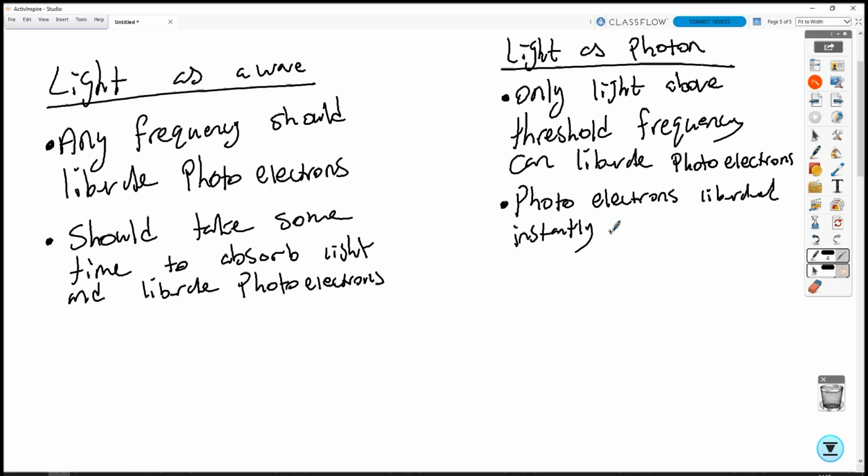The wave model suggested that the kinetic energy of the electron should depend on intensity, or the brightness of the light.